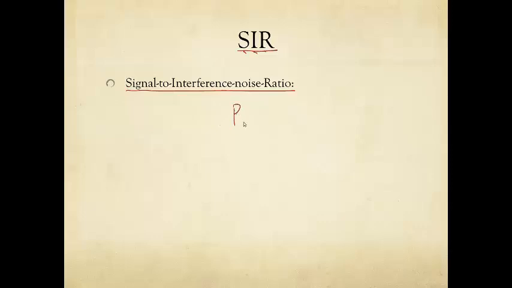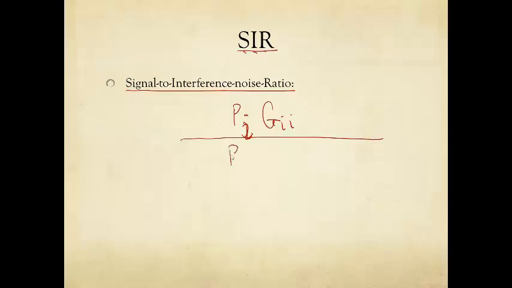So that is the transmit power, which we denote by P sub I, multiplied by the channel, that's the direct channel, getting to the receiver of pair I. That's the received power. Divided by, because it's a ratio, the interference collected at the receiver.